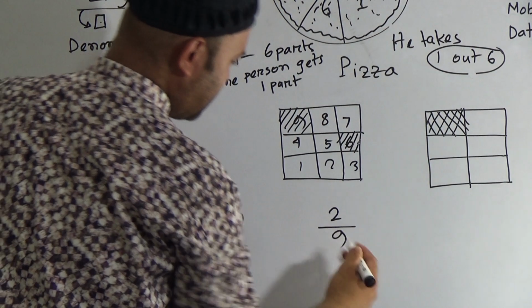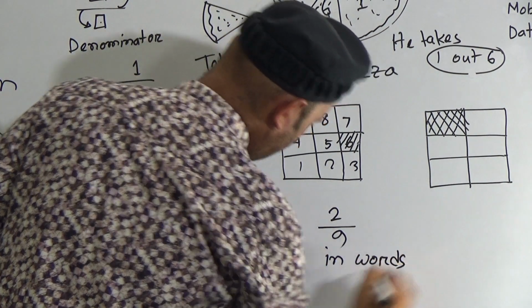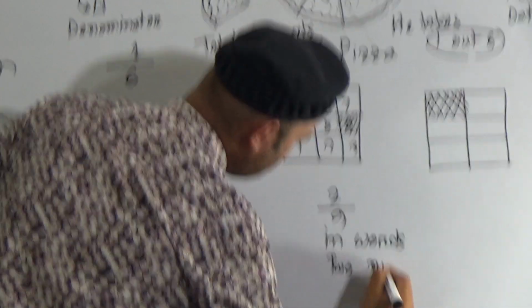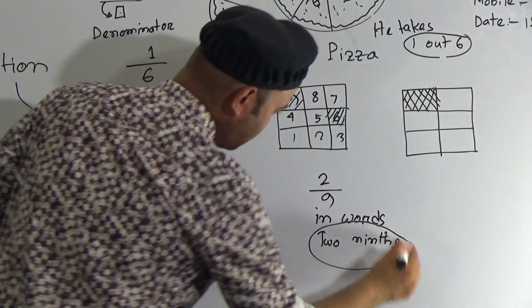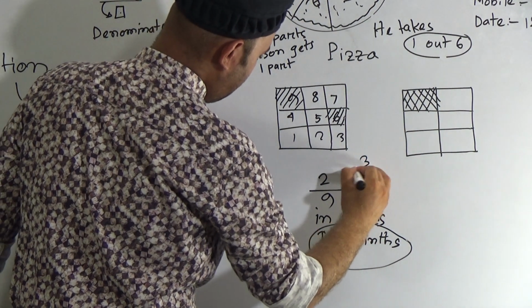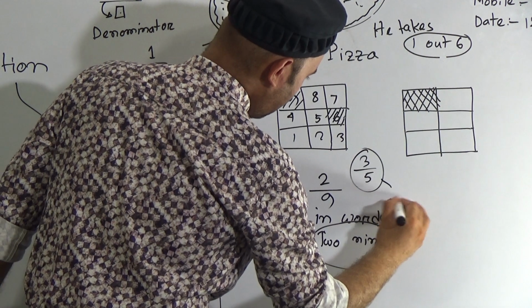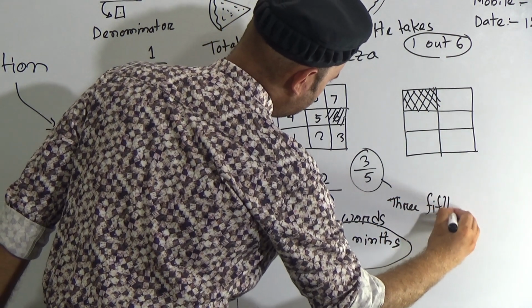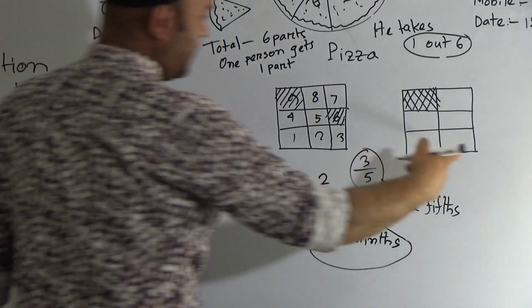In English it is said in words 2 nines. Similarly, if I write the fraction 3 divided by 5, then it is called 3 fifths.